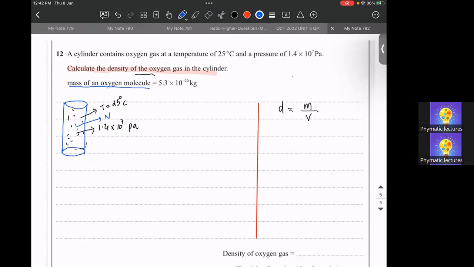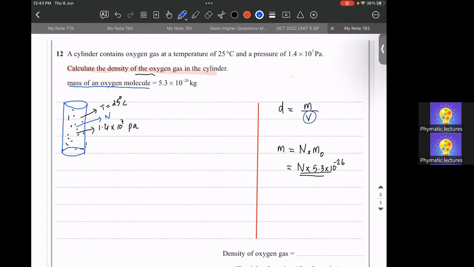Therefore, what will be the total mass? The total mass is the total number of molecules in this cylinder multiplied by the mass of one such molecule, that is the mass of an oxygen molecule. So that means n multiplied by 5.3 times 10 to the power of minus 26.